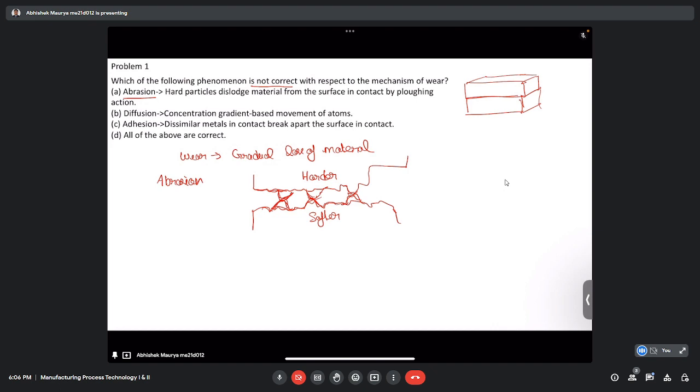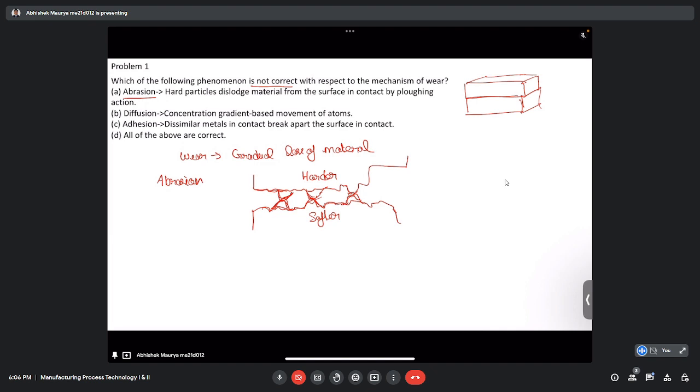So if one body is harder and one is softer, and there is relative motion between them, the harder body will try to remove some material from the softer body. This type of wear is called abrasion wear.